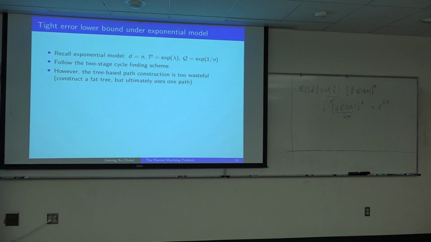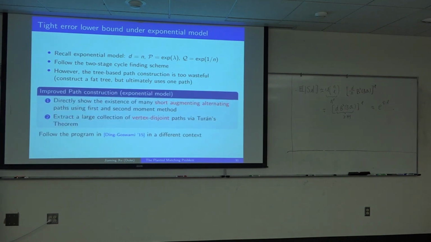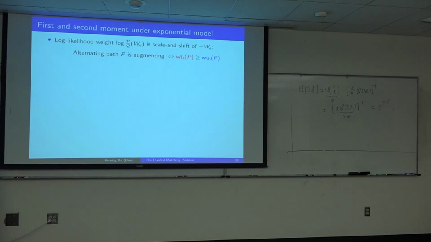Very good point. Due to the time constraint, I probably won't talk about this anymore. The short answer is that for the exponential model, if you want this very tight dependency on epsilon, you have to do something more. It's also quite interesting, but very different from the one I just mentioned.